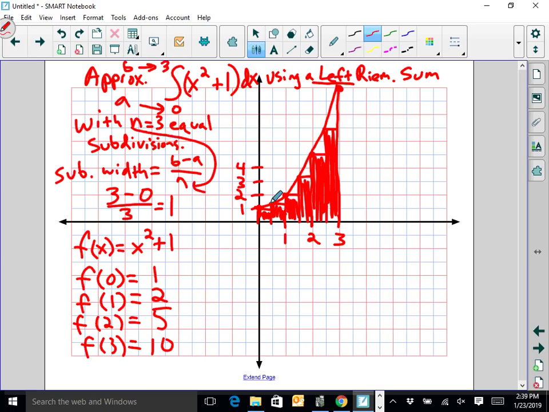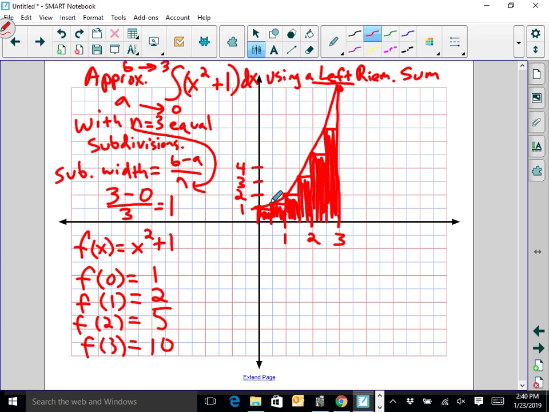This is still going to be an under approximation, right? But I'm getting closer to a good one. But what if I used 12? Or what if I used 24? Or what if I used 1,000 rectangles? What if I used 1,000,000 rectangles? What am I going to say next? What if I used infinitely many rectangles?